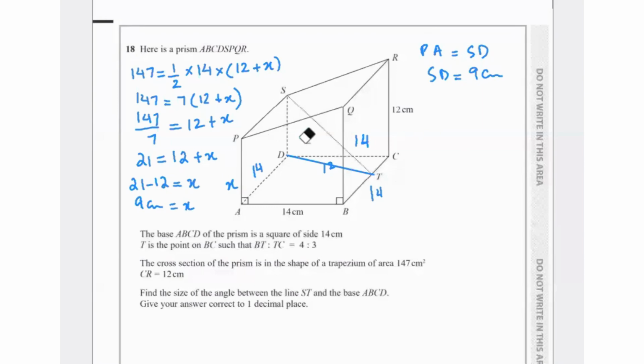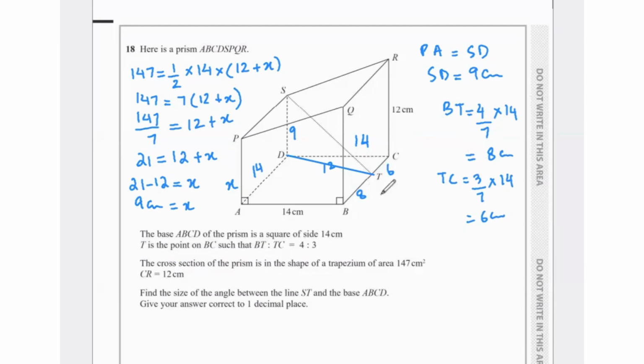So if we label this as 9, to find DT, we know that BT is to TC is 4:3. So BT is going to be 4 over 7 times 14, which is 8 centimeters. And TC is going to be 3 over 7 times 14, which is 6 centimeters. So this is 8 and this is 6.